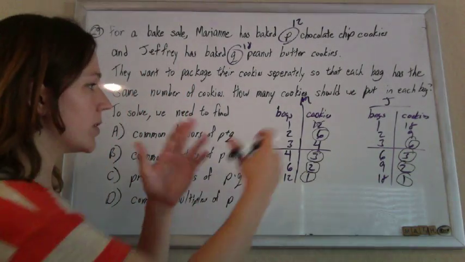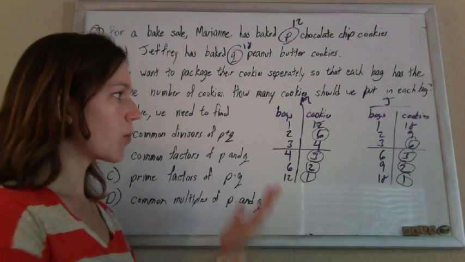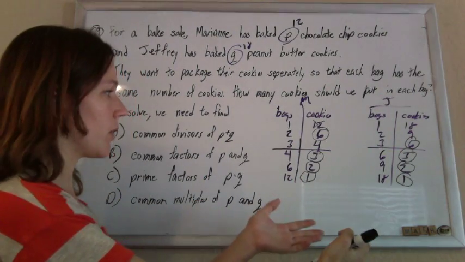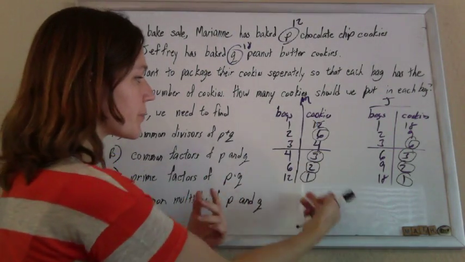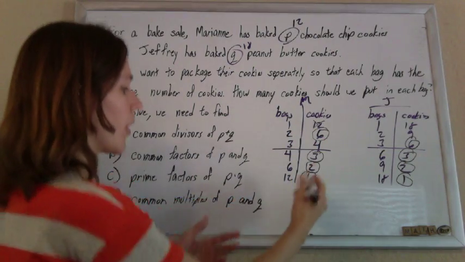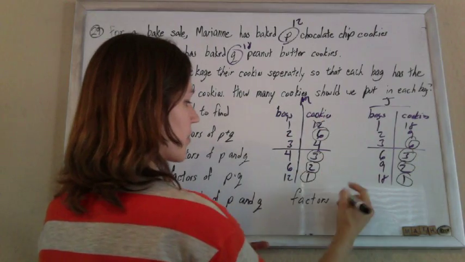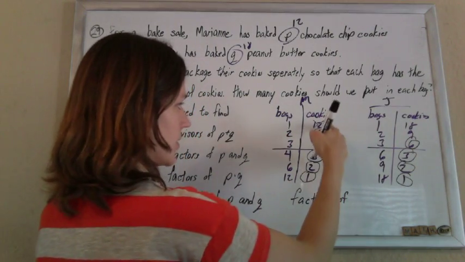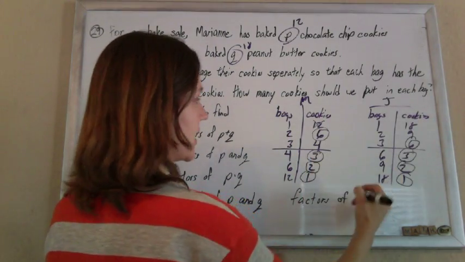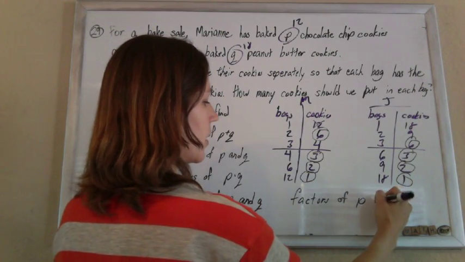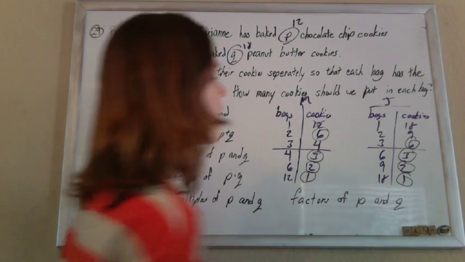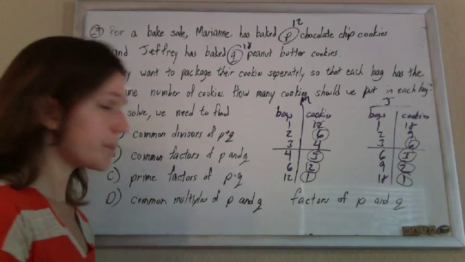So now we kind of have an idea of what's going on. What were we doing here, right? What are these numbers? These numbers are factors, right? These numbers are factors of 12 and factors of 18. So they're factors of P and Q is what we were finding.